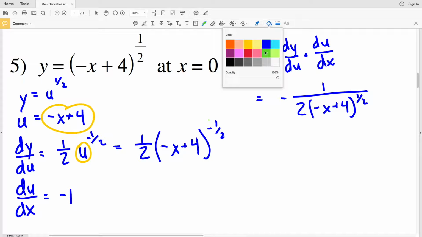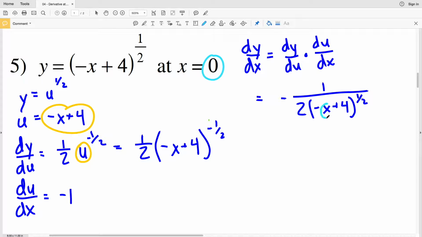So now that I have my derivative formula, I'll be able to take my value of 0 and plug that in for x. So I'll get negative 1 all over 2 times 0 plus 4, which is times 4 to the 1/2. So we'll have negative 1 over 2 times 4 to the 1/2 is 2 times the square root of 4.